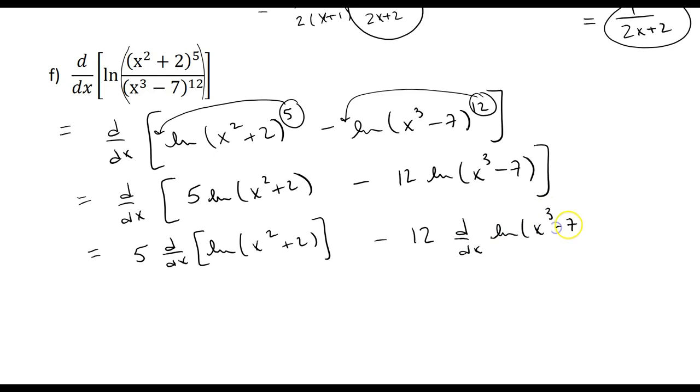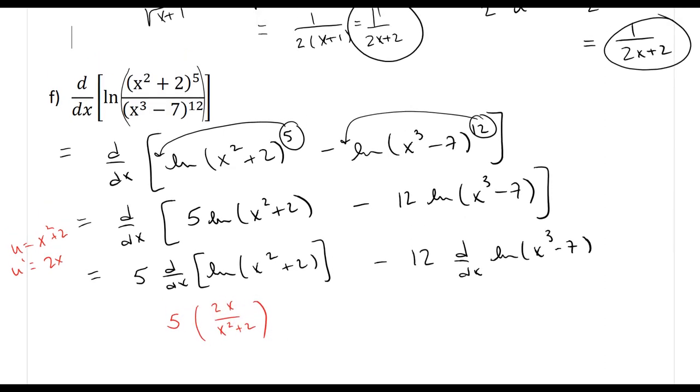So on the left here, I would have u equals x squared plus 2, so u prime would be 2x. So I'll have 5 times 2x over x squared plus 2. And then on the other side, I would have u equals x cubed minus 7, so u prime would be 3x squared.